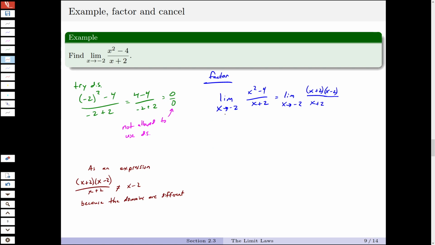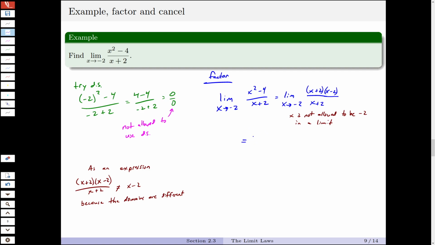In a limit, remember what we're talking about is approaching this value, but ignoring what happens exactly at that value. We're only looking at getting infinitely close. Since we're only looking at getting infinitely close to negative 2, but not actually at negative 2 itself, I don't need to worry about that because my x values aren't allowed to be negative 2. So in my limit, this is fine and things cancel.